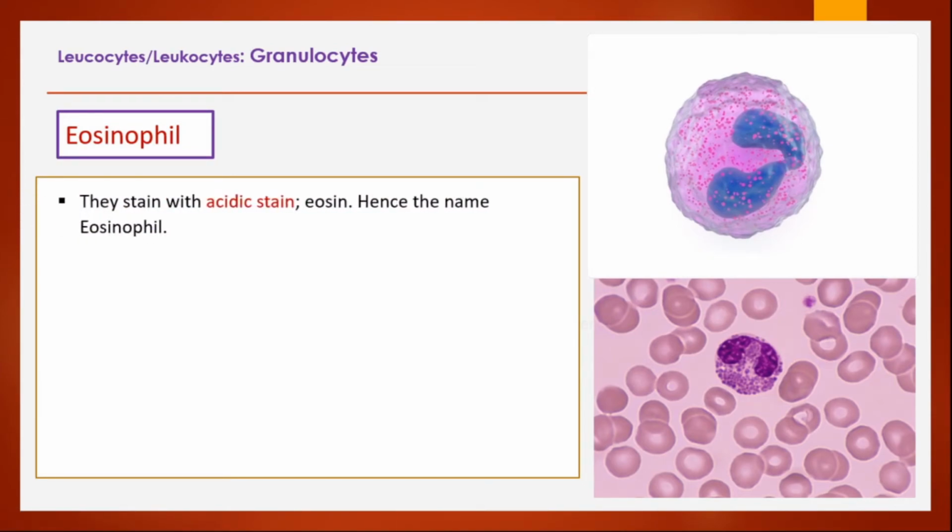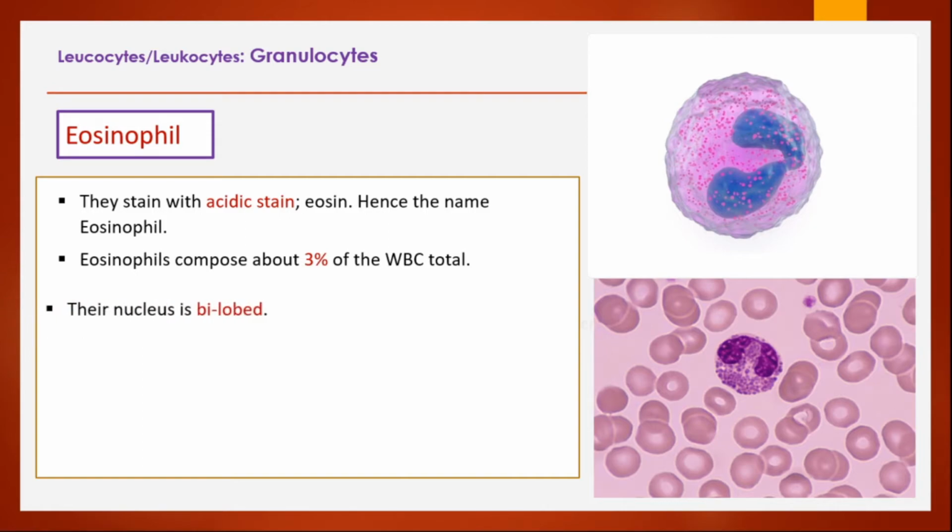The second granulocyte is eosinophil. They are stained with the acidic stain eosin, hence the name eosinophil. Eosinophils comprise about 3% of the total WBC. Their nucleus is bilobed, like a headset.